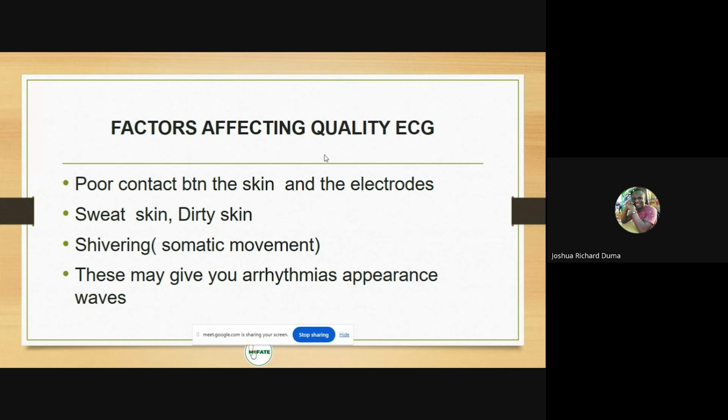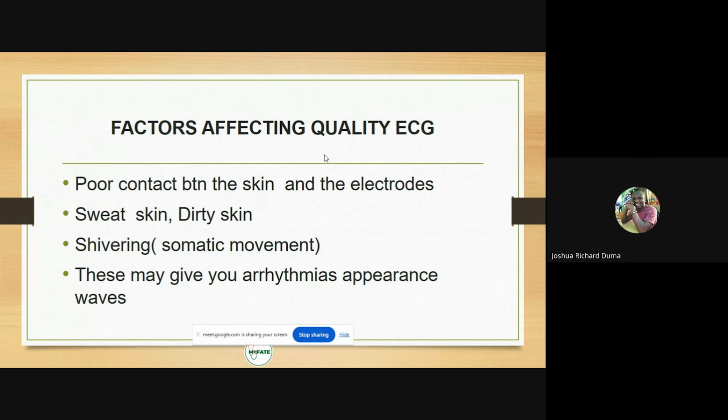Sometimes, when placing the electrodes, there can be poor contact between the skin and the electrodes, for example with sweaty skin or dry skin. Once the electrodes are not intact, it can affect the quality of the ECG. You can see that the rhythms are not normal. It's called an artifact.